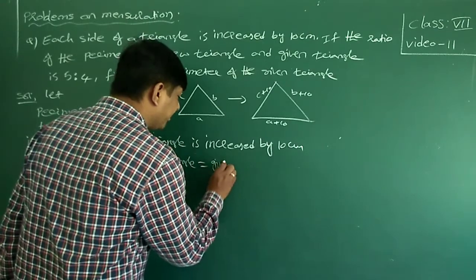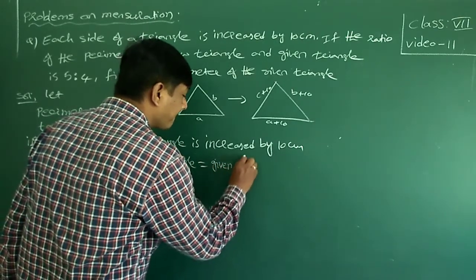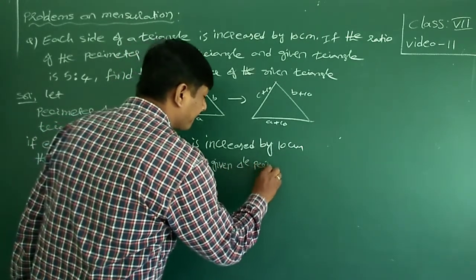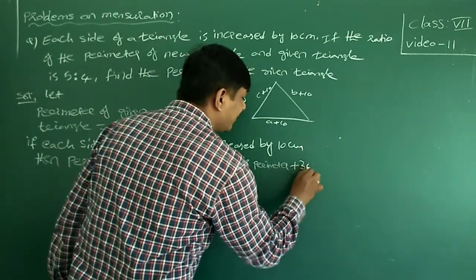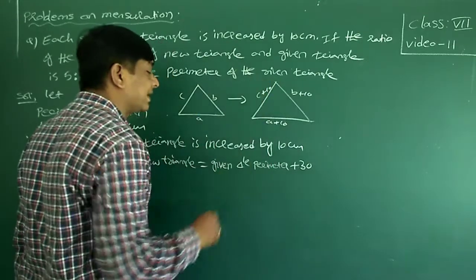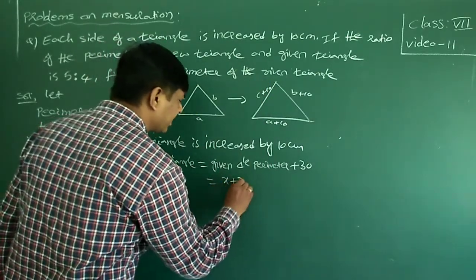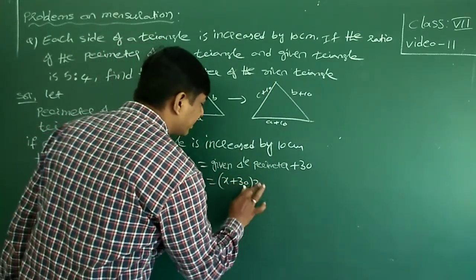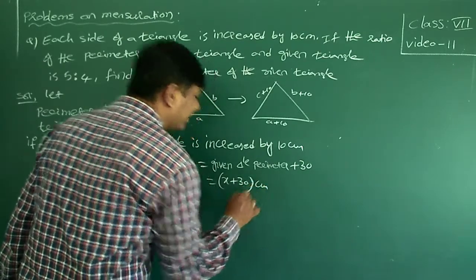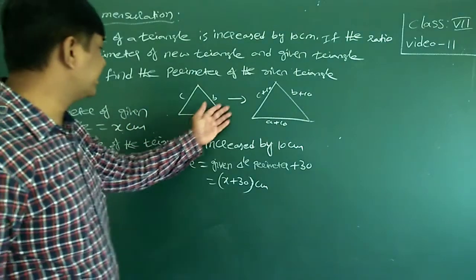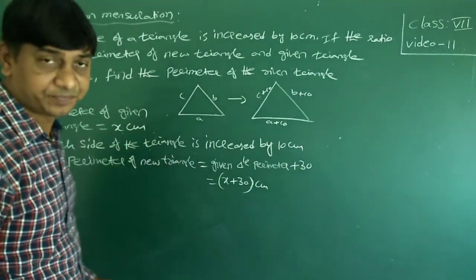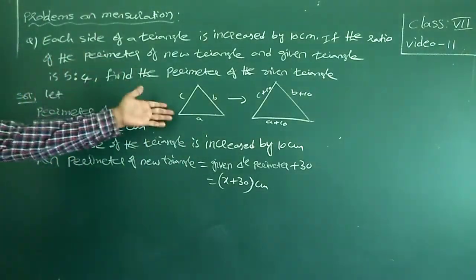Given triangle perimeter plus 30 centimeters, because 10 plus 10 plus 10 is 30. That is equal to x plus 30 centimeters. Perimeter of the given triangle is x centimeters, I suppose.